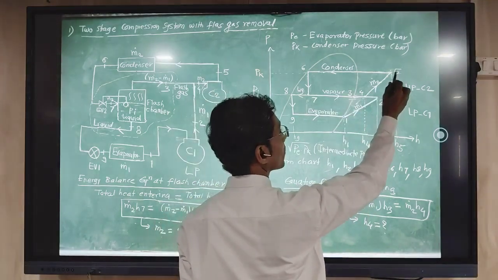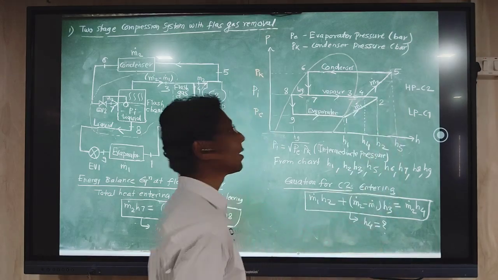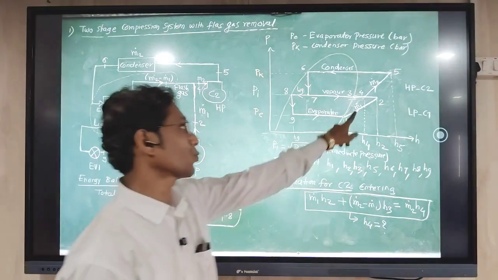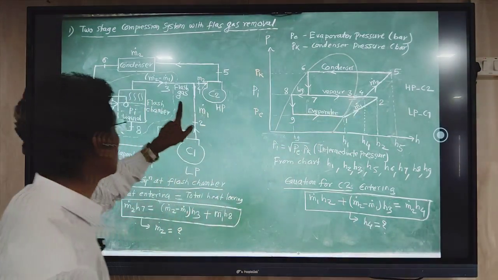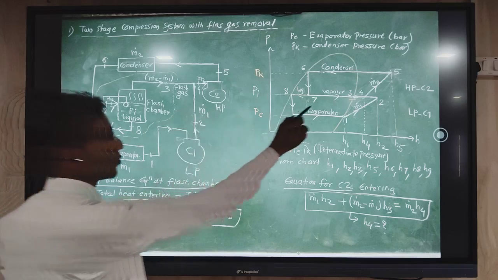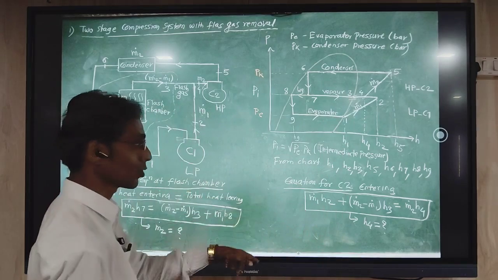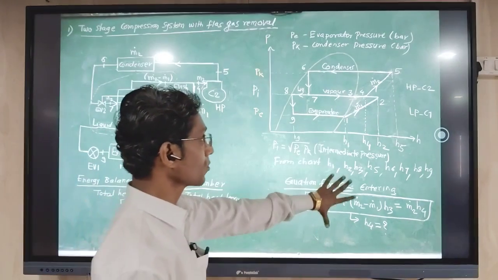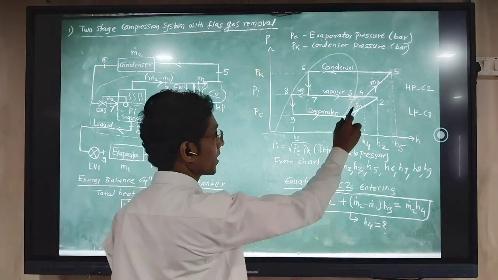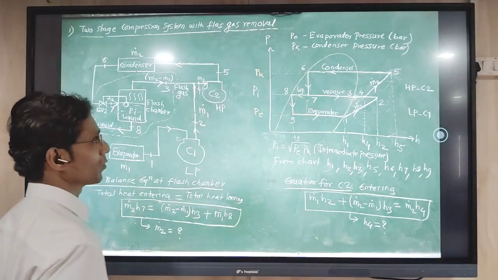Similarly, here point number 5 we obtain, but for that point number 4 is to be calculated. We already said that this is a mixing point of 2 lines. So we don't currently know where exactly point number 4 is. So to find H4 we have to use a formula. For that we will take help of the energy balance equation.